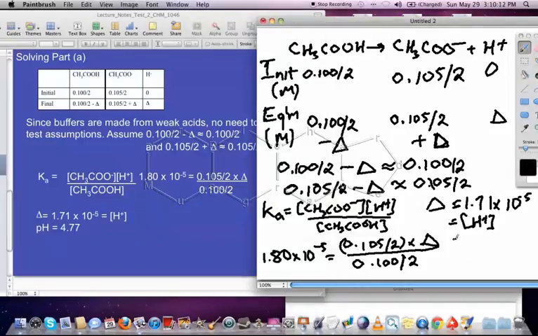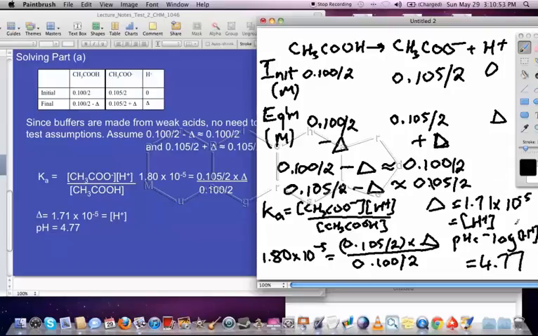Now I just need to find the pH, and the pH is going to equal the negative log of the hydrogen ion concentration. And that's going to come out to be 4.77.